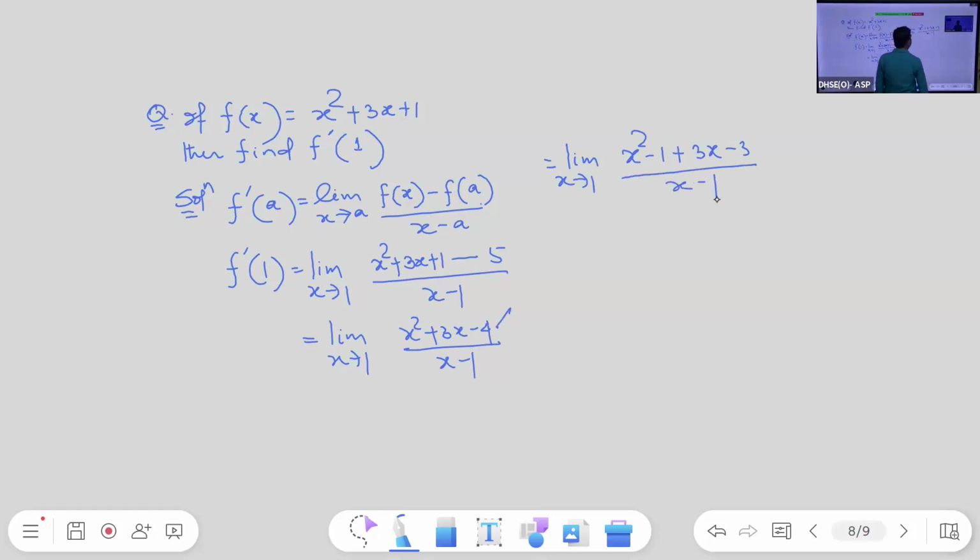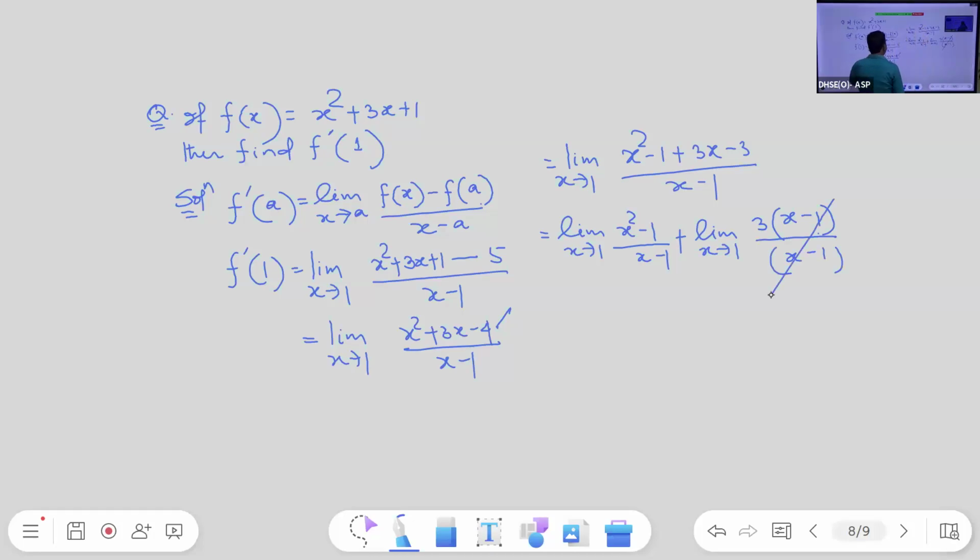Now separate the limit into the sum of two limits: the limit of x square minus 1 upon x minus 1, plus the limit of 3x minus 3, where we take 3 common, 3 into x minus 1 upon x minus 1. In the second limit, x minus 1 cancels. So the second limiting value is 3.